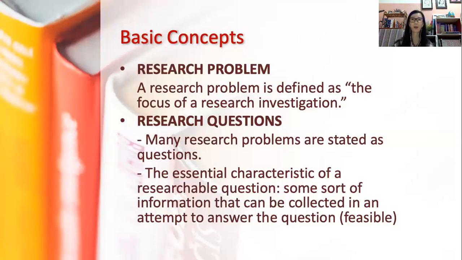So you may identify some research problems from the studies which have been done previously, especially the gaps, something which hasn't been found or hasn't been addressed yet by those previous studies.